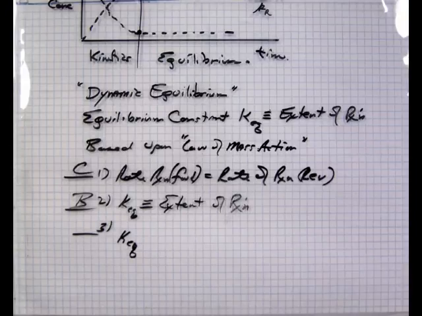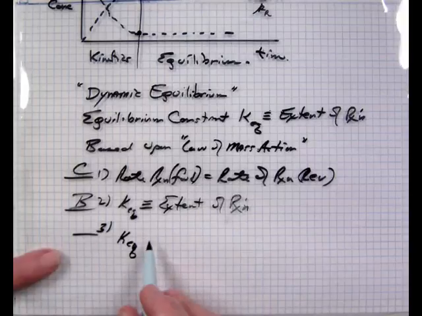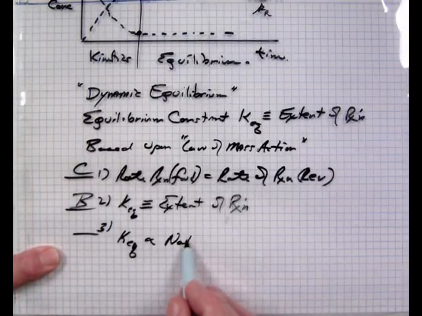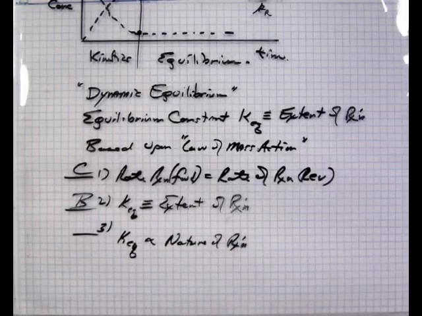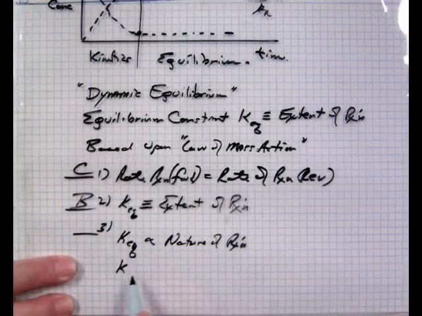But typically the K expression relates to the nature of the reaction. So you see portions of the nature of the reaction. Now what does that mean? It means if you're working with reactions that are all gas phase, typically you would use a Kc.